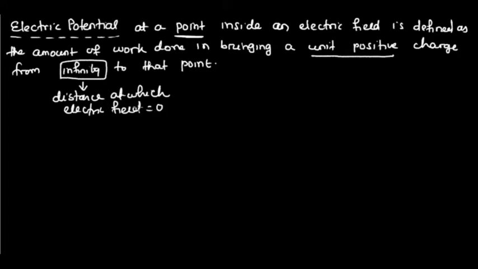So we will bring a unit positive charge from infinity to the point at which we want to calculate the electric potential, and in that process we have to calculate the amount of work done.